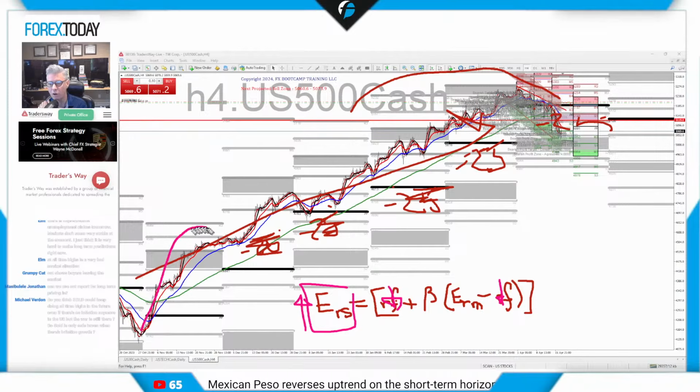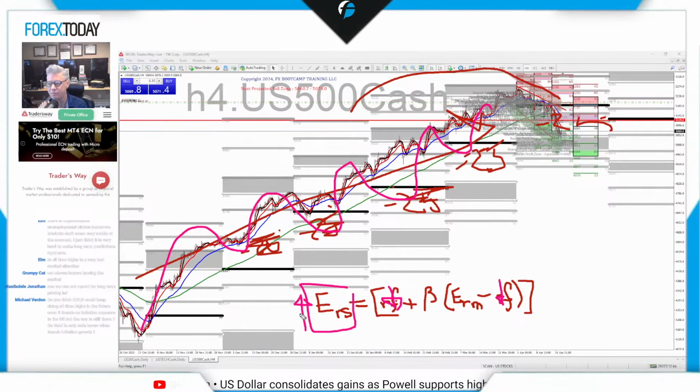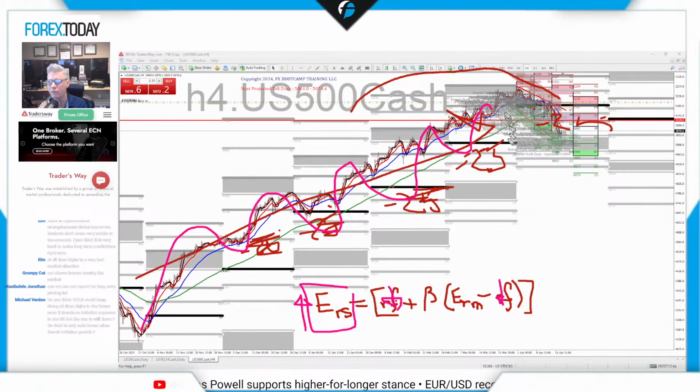And all these cuts were expected, so money was going into the stock market. And now we get to the point where, oh crap, we priced in all these cuts, and now they're not going to materialize. Our models are wrong.